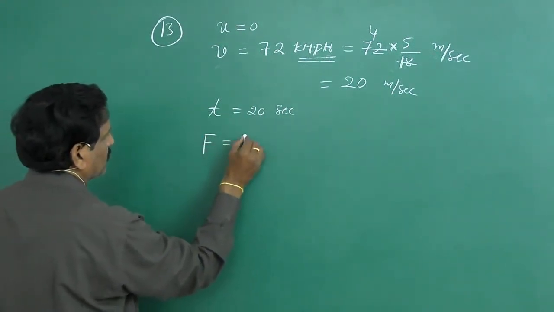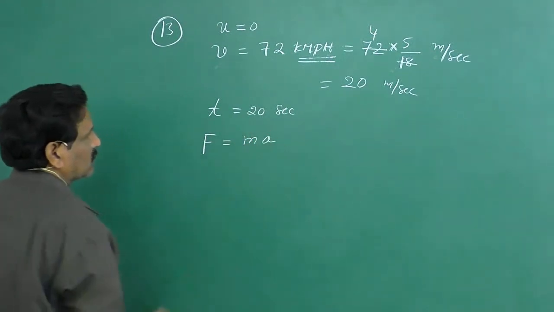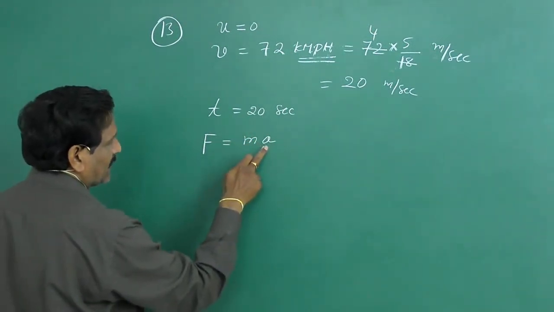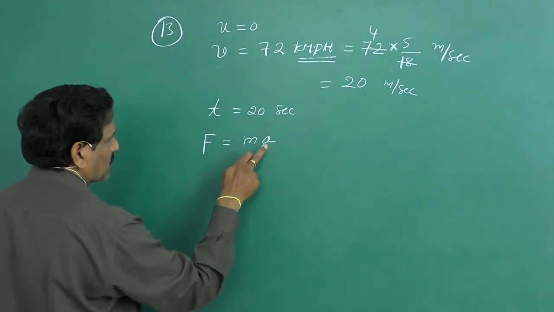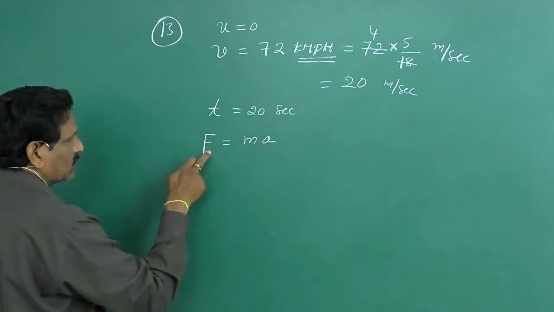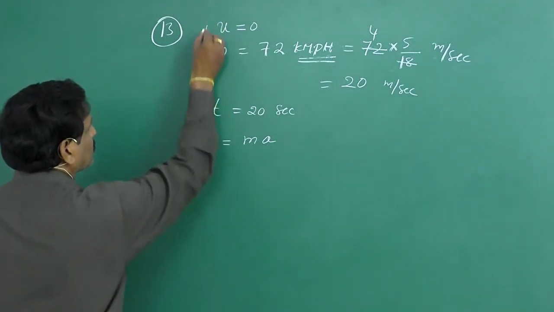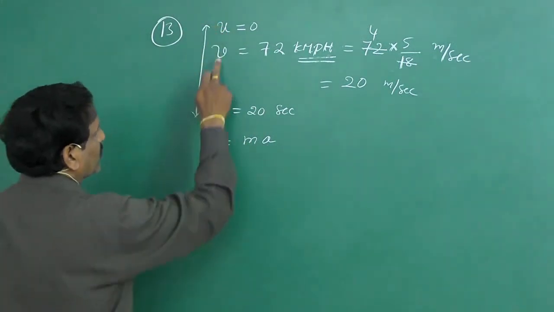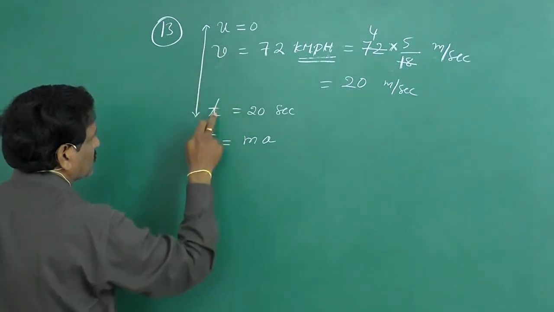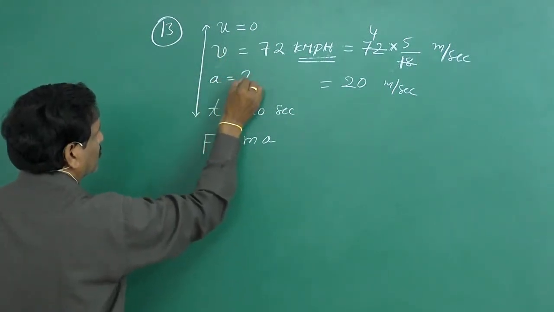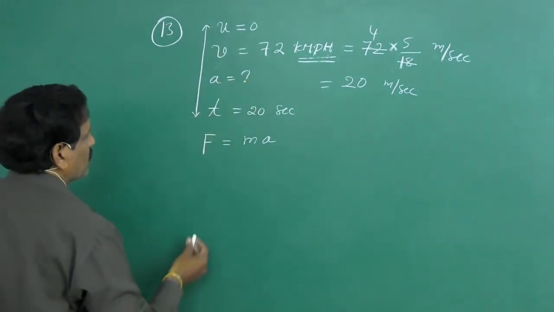Force means ma. So, here we have to calculate acceleration. If you know acceleration, then you can calculate force. So, to find the acceleration, we use this data: initial velocity 0, final velocity, and time taken. Which formula?